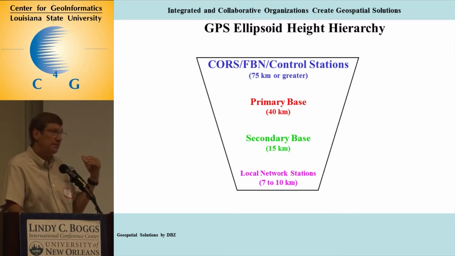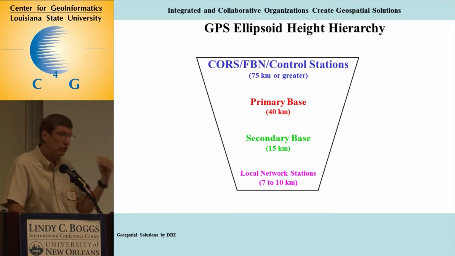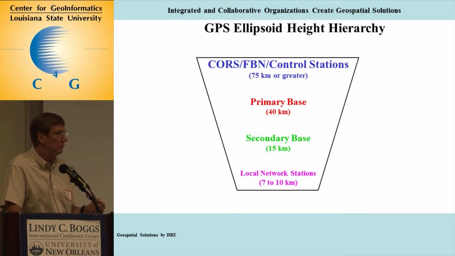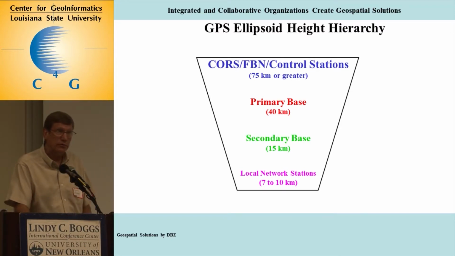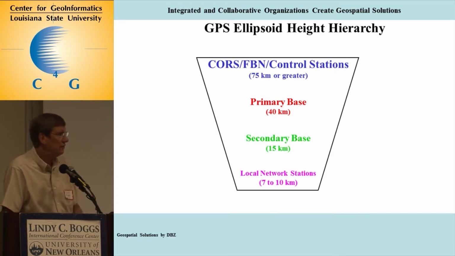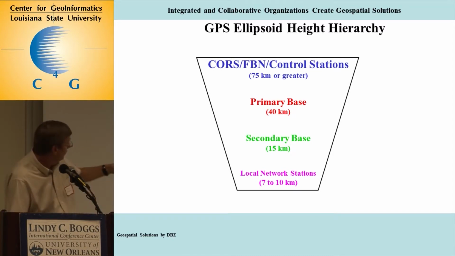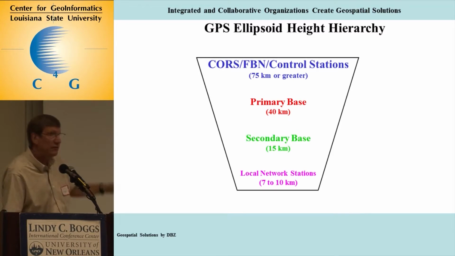Some of this is that nowadays you have CORS so dense and you have, what we call the CORS in the FBN networks, this primary base of 40 kilometers. There's a lot of states that have all the way down that primary base already in place.